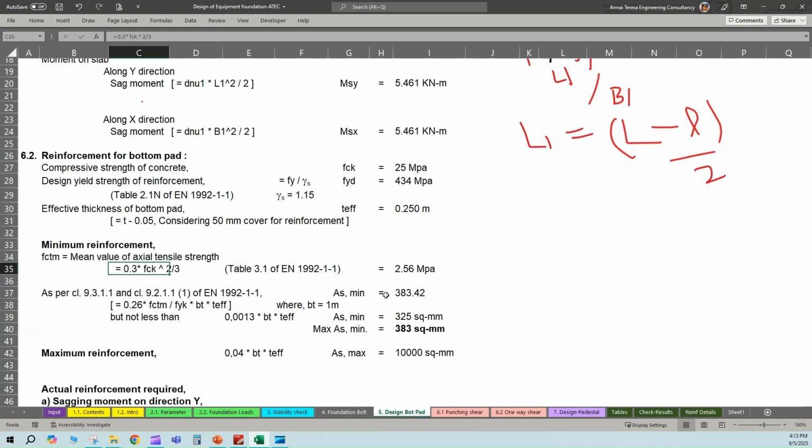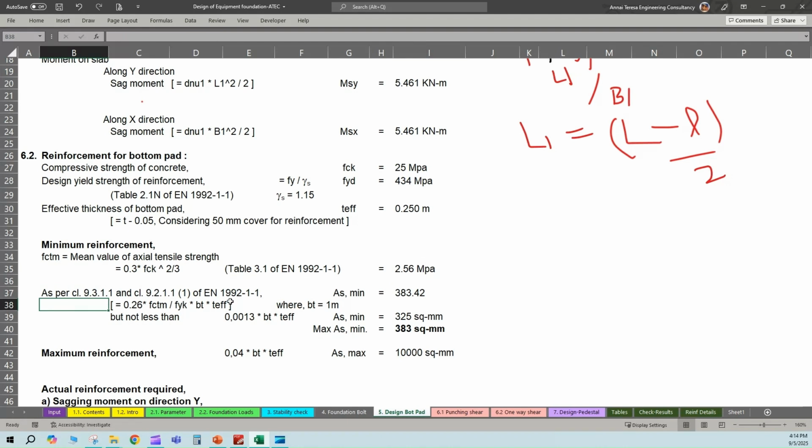So if we change any grade in the introduction part or the material selections, this will automatically calculate based upon the 0.3 fck to the power 2/3 equation. So we are getting 2.56 megapascal for the concrete grade C25/30.